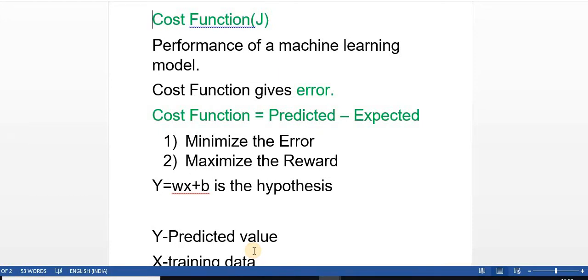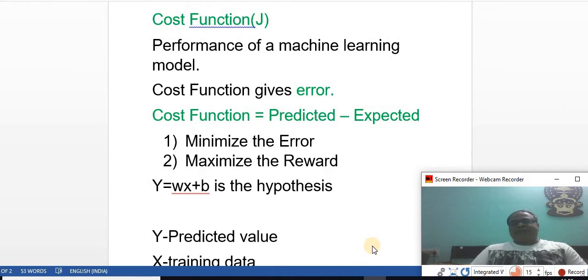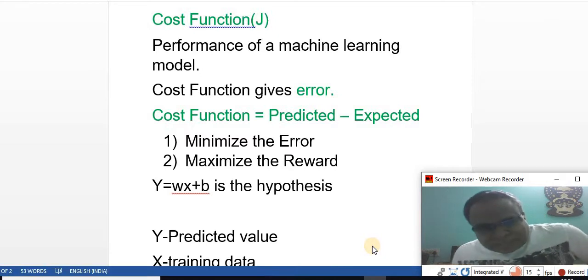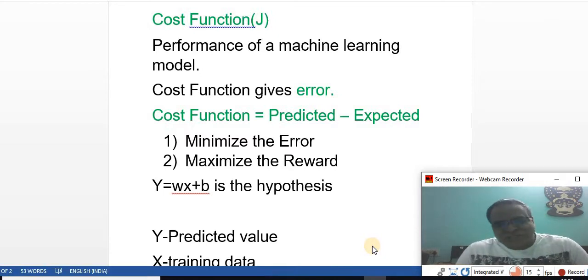One important thing: the cost function is denoted by the letter G. This function determines the performance of a machine learning model, and the cost function gives the error.